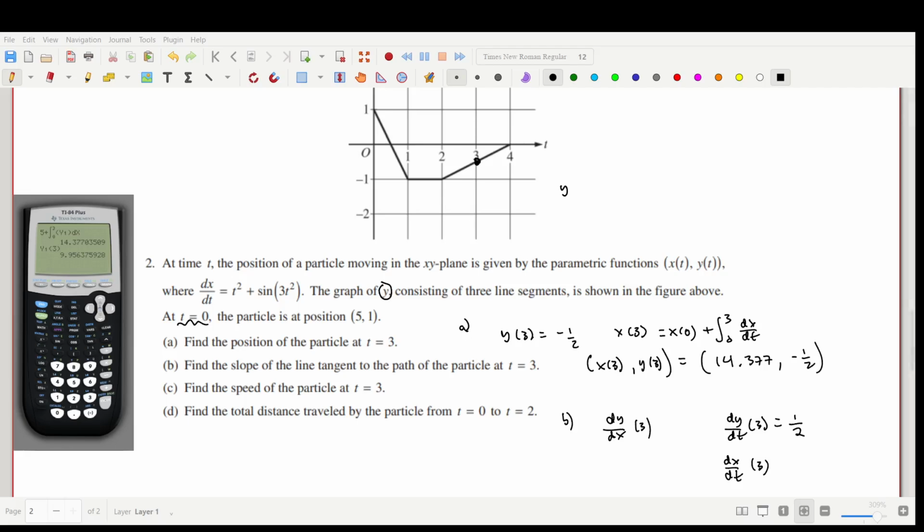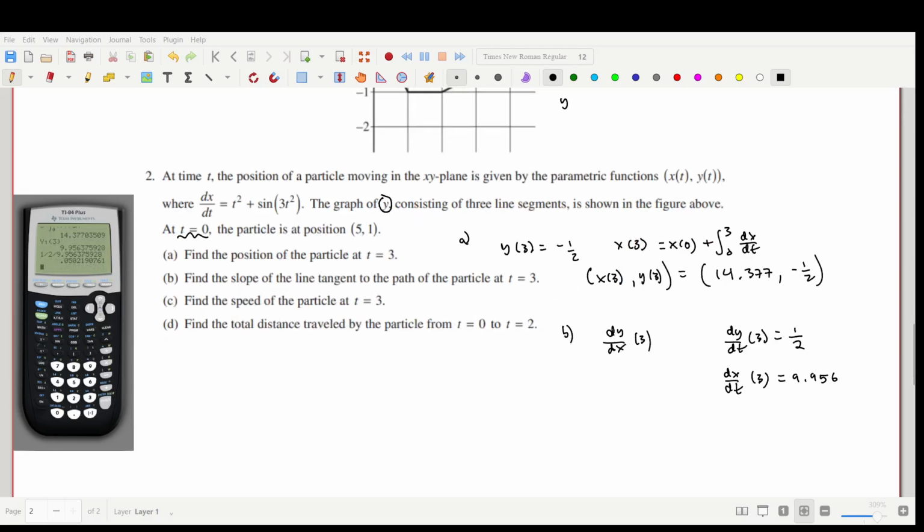Apparently it's 9.956. I'll just write down 9.956. And then you divide a half by that, and dy/dt over dx/dt is 0.0502. That's probably already too many decimal places, but there we go.